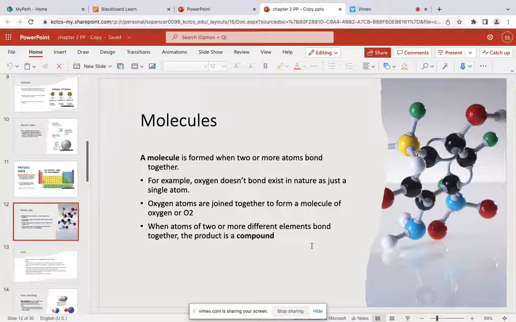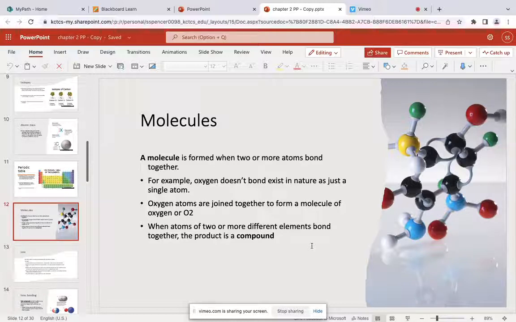When atoms of two or more different elements bond together, they form something known as a compound. So, for example, if I was to give you a question and I said, which of the following is an example of a compound? And I have O2, Cl2, C2H6O, or H. Which of those would be considered a compound?